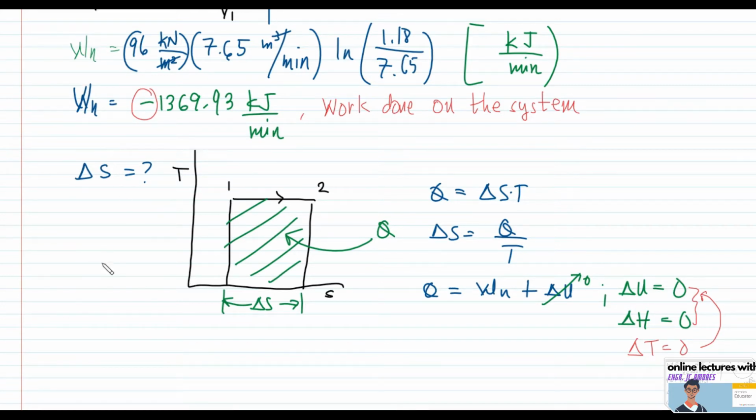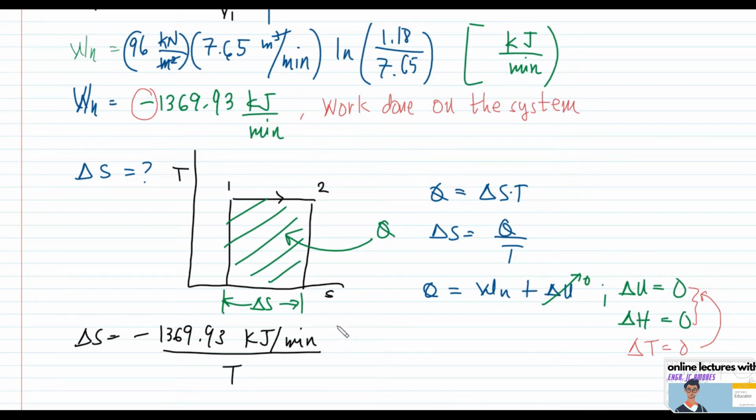So if you just follow the solution here, your delta S would be equal to Q over T, and we have negative 1369.93 kilojoule per minute divided by T.